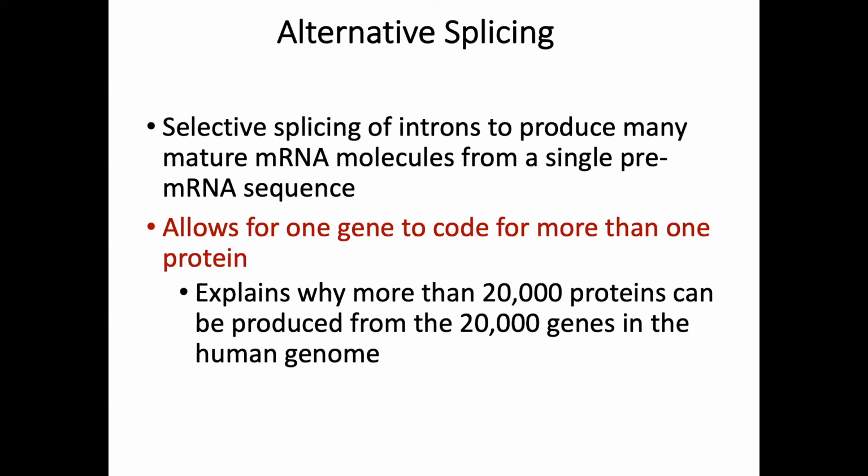We call this process alternative splicing. Alternative splicing allows one gene to code for more than one protein and explains why more than 20,000 proteins can be produced from 20,000 genes in our genome. Actually, the number of proteins is far more than 20,000. We'll give you the number next.